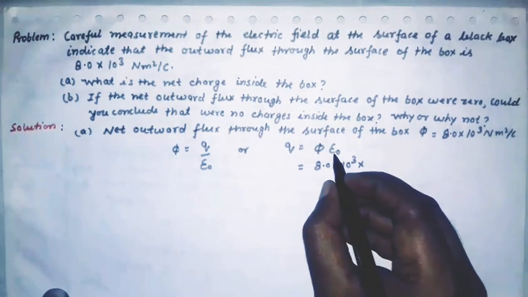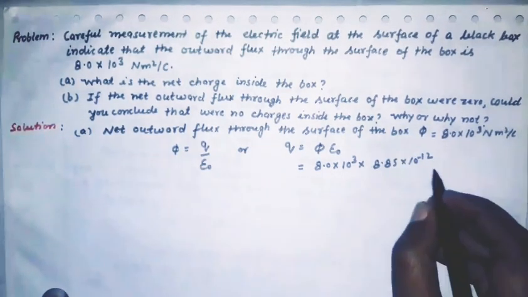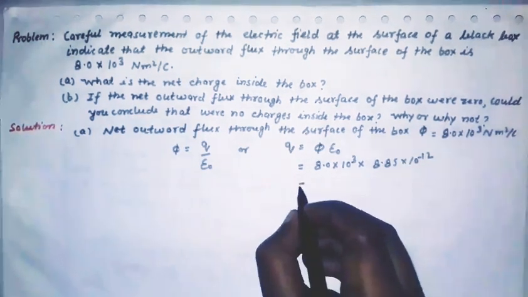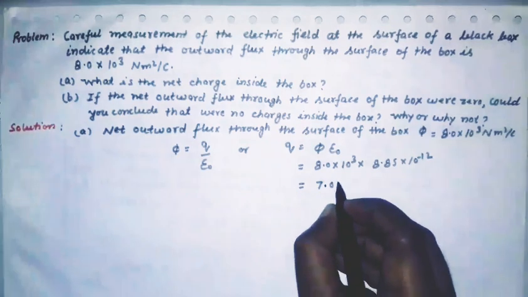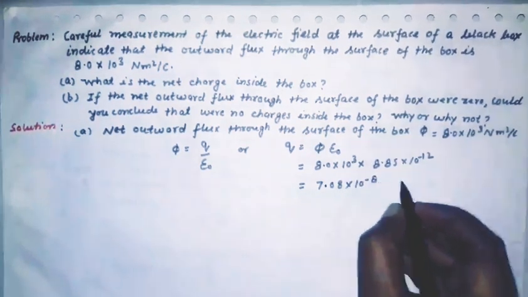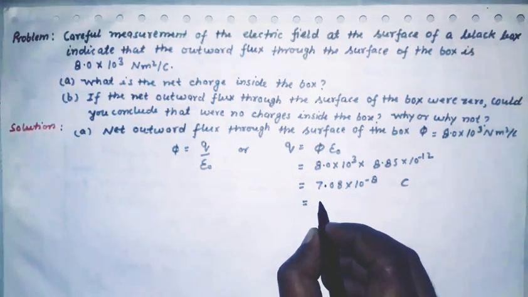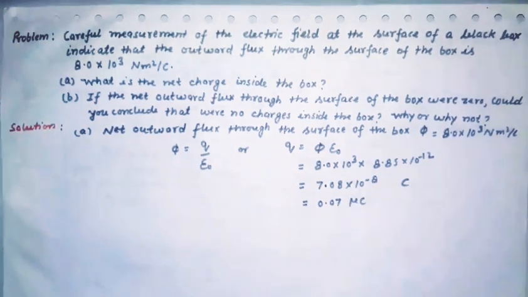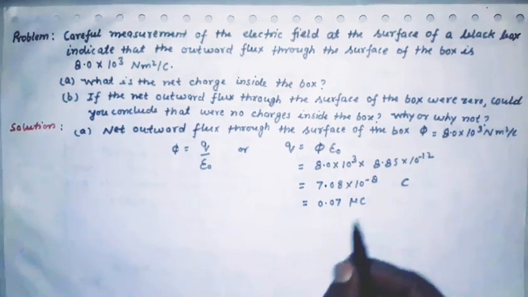The value of epsilon naught is 8.85 into 10 to the power minus 12 coulomb square per Newton meter square. After solving this we will get around 7.08 into 10 to the power minus 8 coulomb, or if we convert it into microcoulomb, this will be 0.07 microcoulomb, and this is the net amount of charge inside the box.